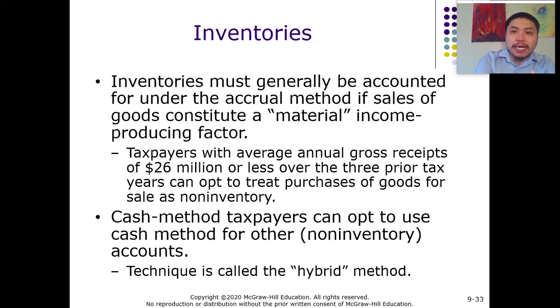They have to capitalize the inventories, make that become part of assets, and then they have to wait until the sale or the performance of services is completed to be able to deduct the expenses, the cost, right?